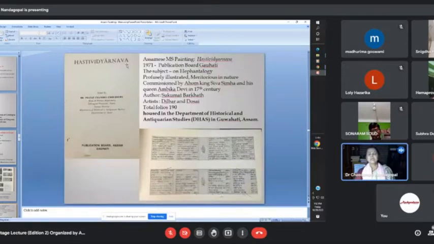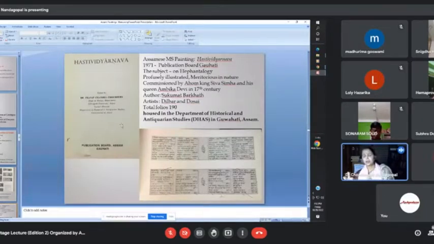Then comes Hasti Vidyarnava, another very interesting Assamese manuscript painting, a whole book. In 1971, the Publication Board, Guwahati, published this. The subject is elephantology. The very title shows that it is related to Hasti, that is the elephants.